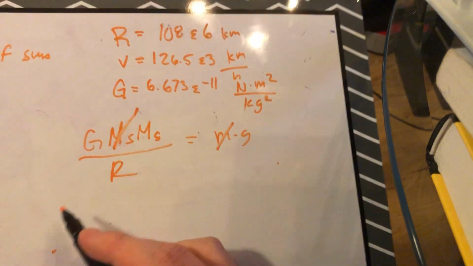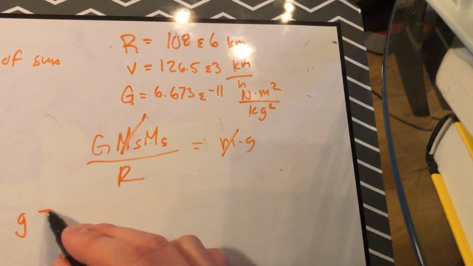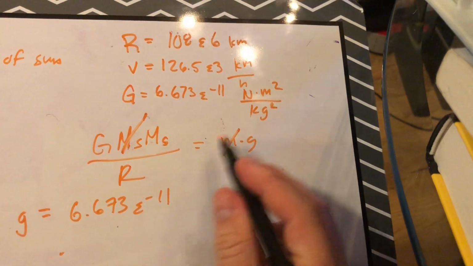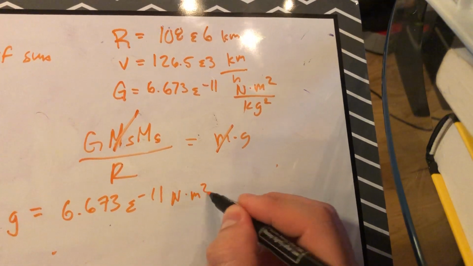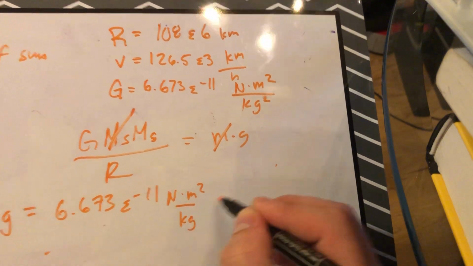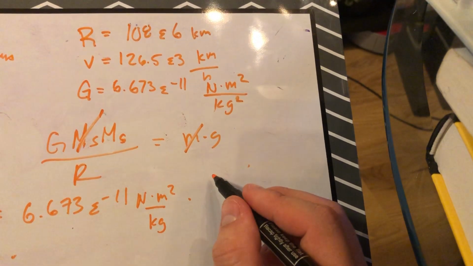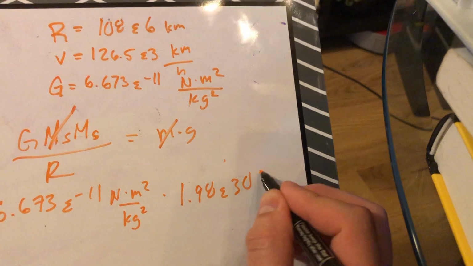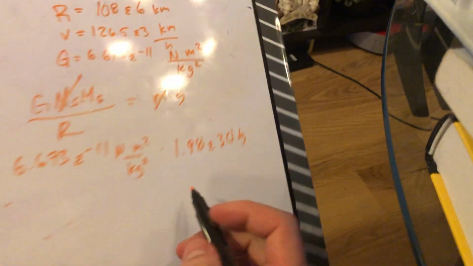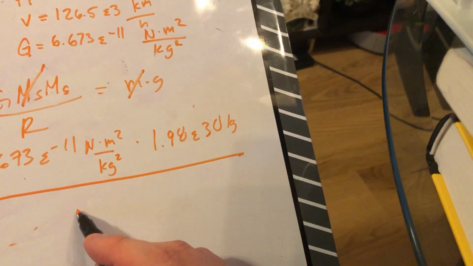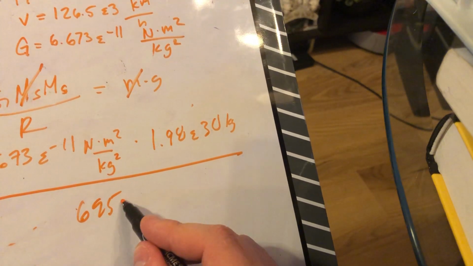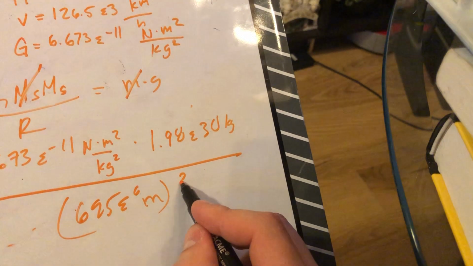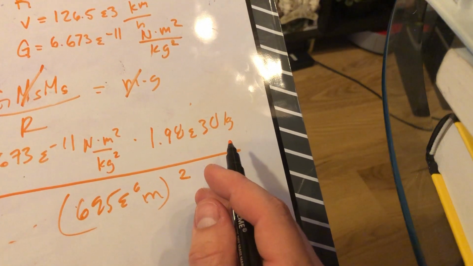So that is going to mean g is equal to 6.673 E minus 11, and all its crazy units, we'll include those because you never know, over kg squared, times 1.98 E 30 kg, which we figured out here, over the radius E 6 meters, squared. And that is the radius of the sun.